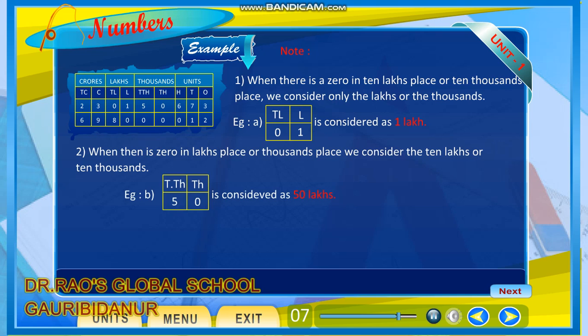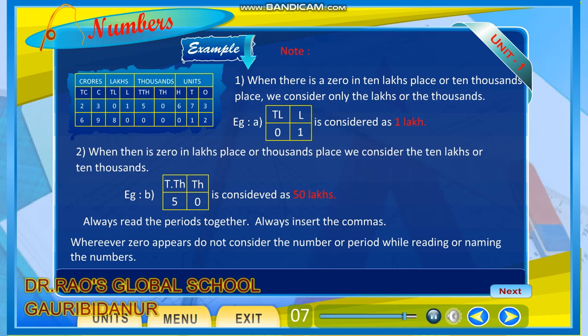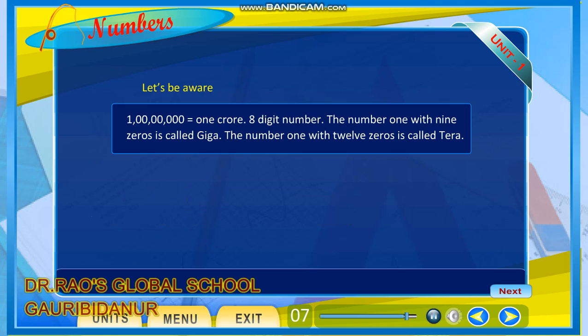Example B. 0, 5 is considered as 50 lakhs. Always read the periods together. Always insert the commas. Wherever 0 appears, do not consider the number or period while reading or naming the numbers.